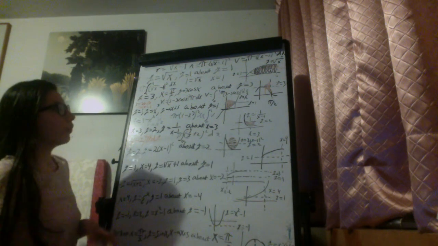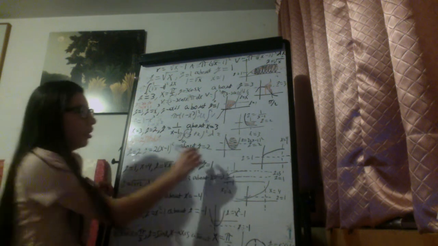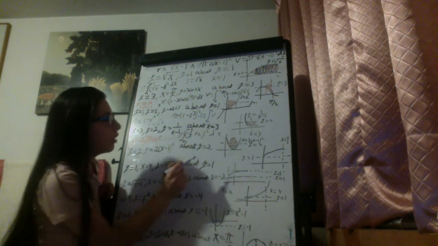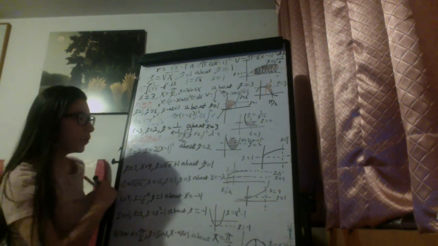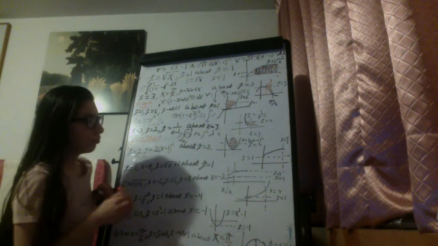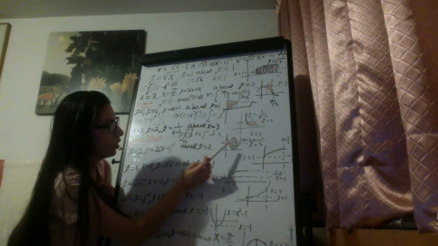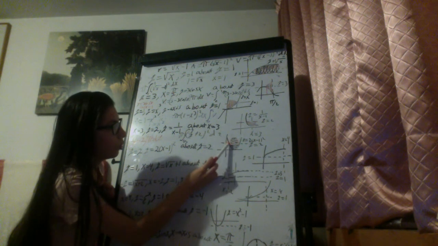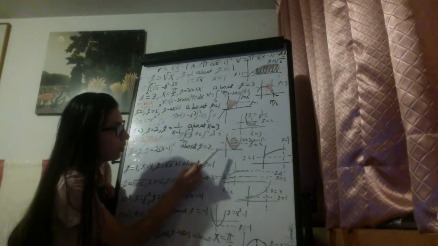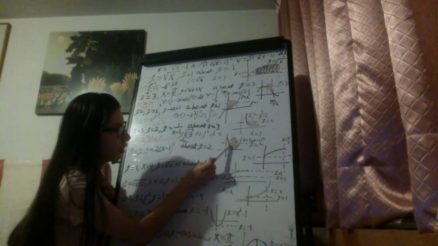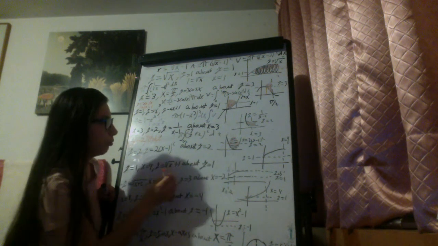So the volume of each disc will be delta x times the area. Now the area is, what's the radius? The radius, you can think of as the difference of the distance from y equals 2 and this graph.